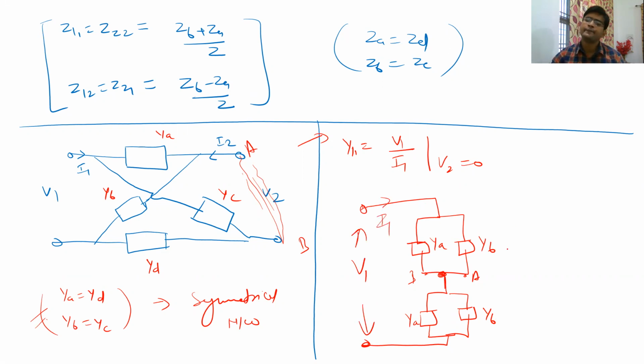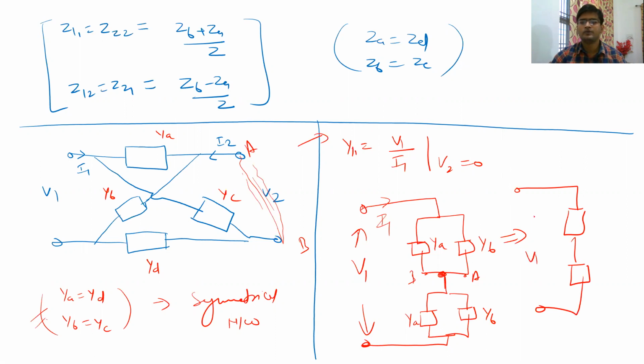And you have a current I1 entering here. So if you rearrange this circuit, you know that in a parallel combination, admittances get added, just the opposite of resistance or impedance. In impedance, you will have ZA into ZB upon ZA plus ZB. But if you have already taken the reciprocal, which is admittance, you can directly add them.